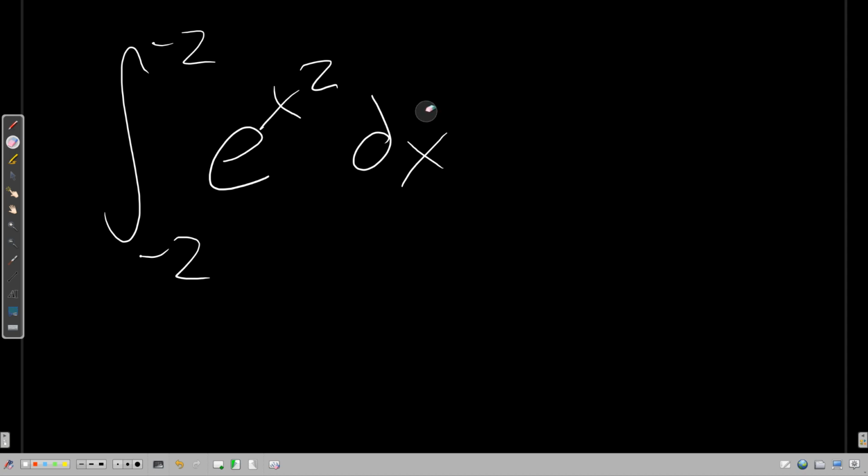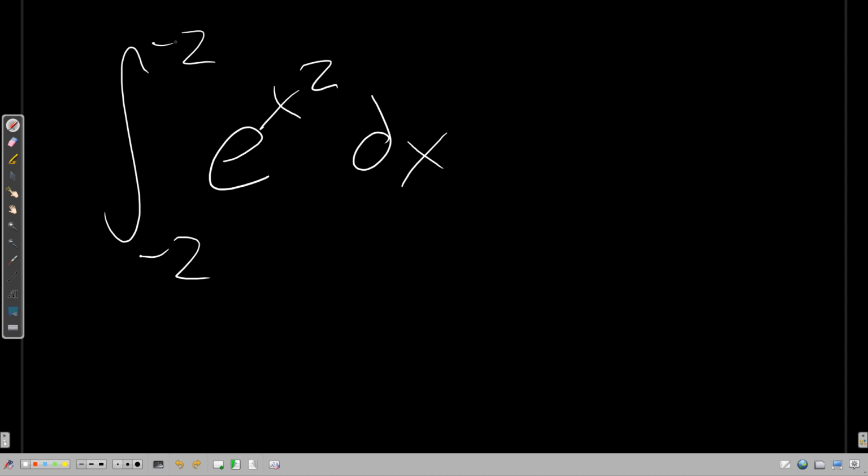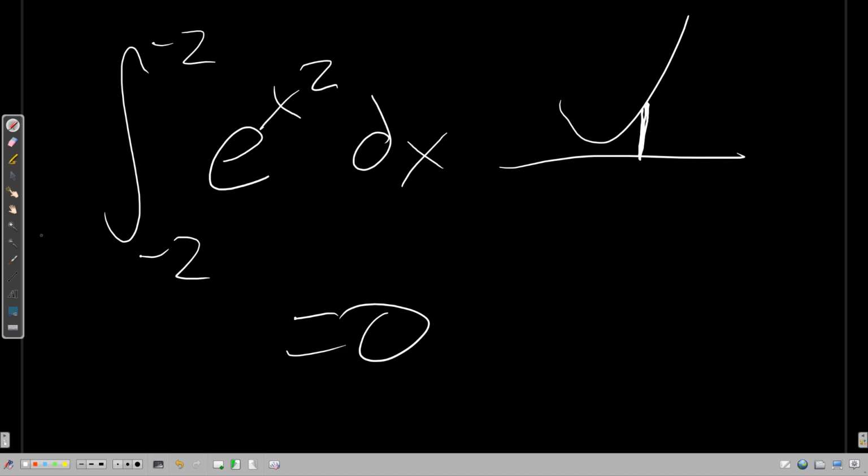It doesn't exist as an elementary function. You can't write it down. But look at your limits. We're not going anywhere. You didn't go anywhere. There's no area there. The answer is just 0.